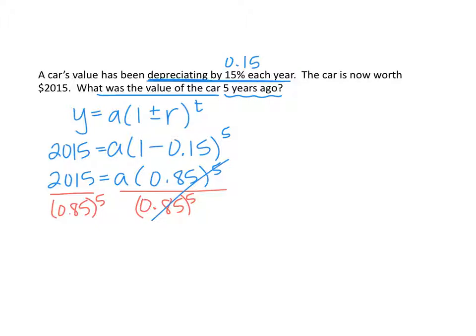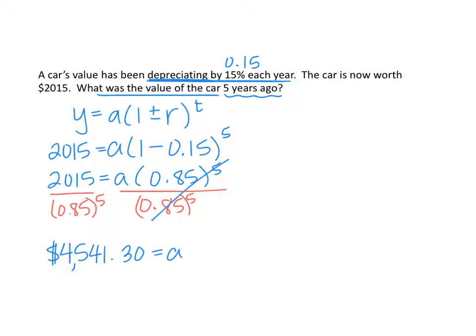And on the other side, 2015 divided by 0.85 to the fifth, we get 4,541.3. So $4,541.30 would be the value of the car 5 years ago.